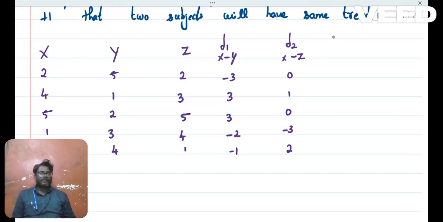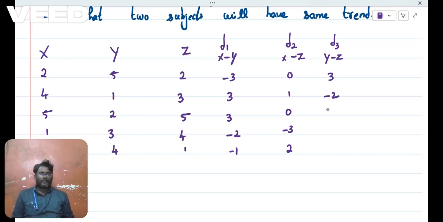Next, D3 denotes the difference between the ranks y and z, so y minus z. You will get 5 minus 2 is 3, 1 minus 3 is minus 2, 2 minus 5 is minus 3, 3 minus 4 is minus 1, 4 minus 1 is 3.